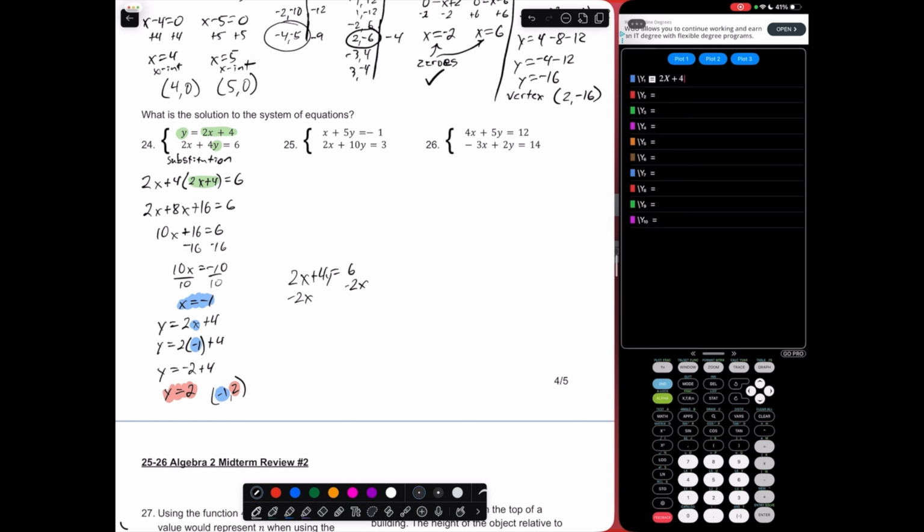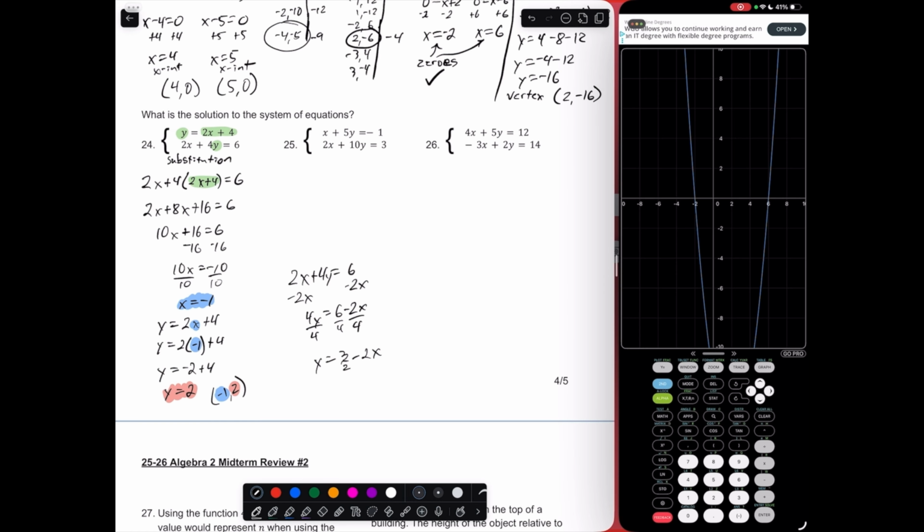Right, so if I were to do this and then divide by 4, I want to be careful with our signs. So this would be 3 over 2 minus 2x. So I could potentially type this in as 3 divided by 2 minus 2x. And I could look at the graph and see where they intersect. It looks like they intersect at negative 1, 2.